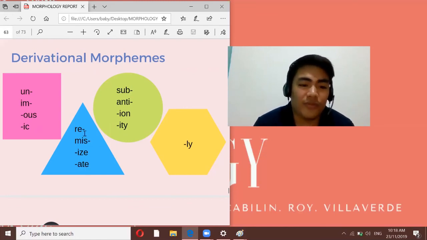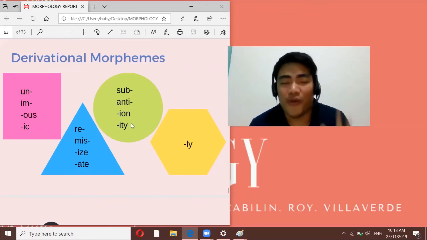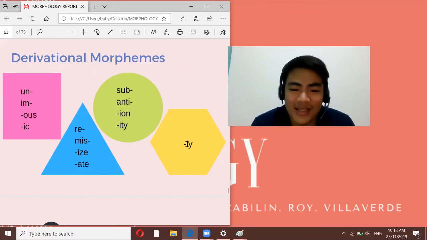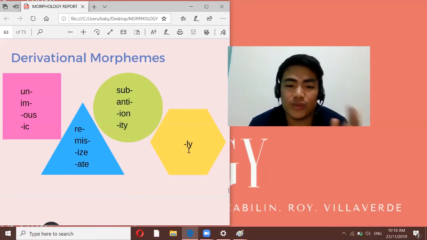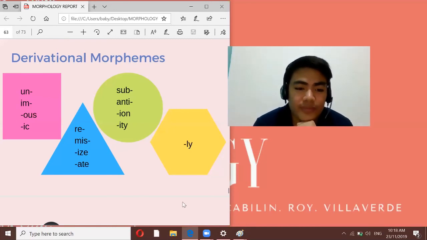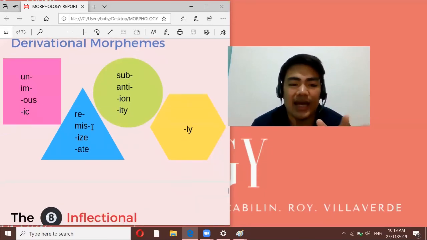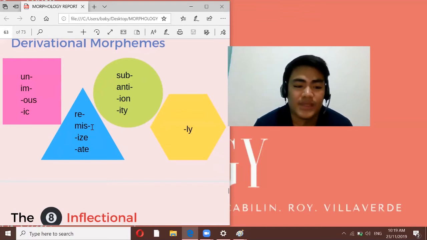Those in the circle are noun forming morphemes. And in English, we have the suffix ly to derive adverbs. The examples in this slide are quite limited. Like I said, there is an indefinite number of derivational morphemes.